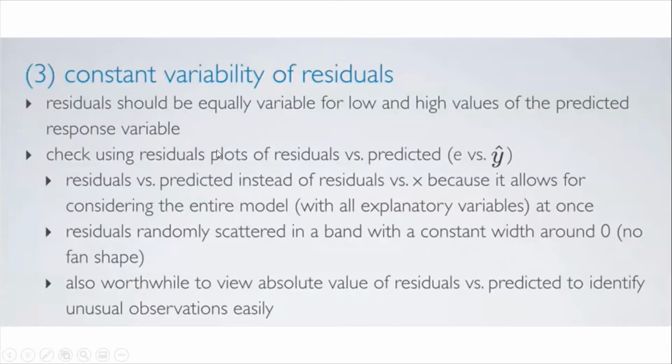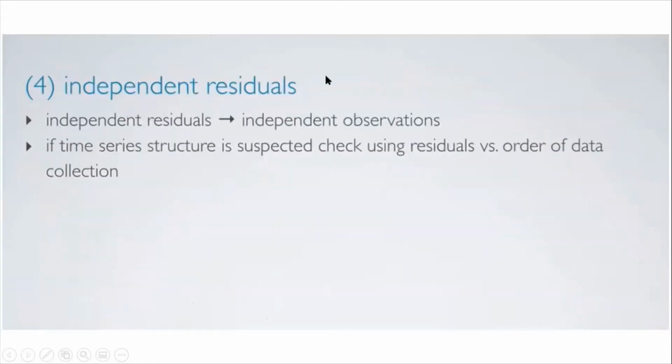Again, we can check this using residual plots, which is similar to simple linear regression. And then we have to look at the independence of residuals. So residuals should be independent of each other.